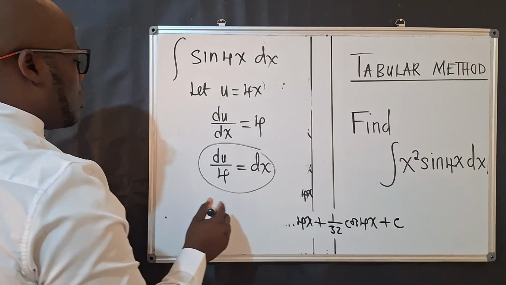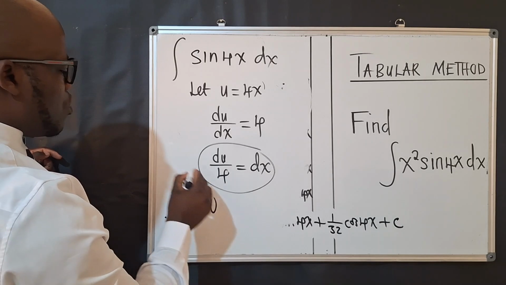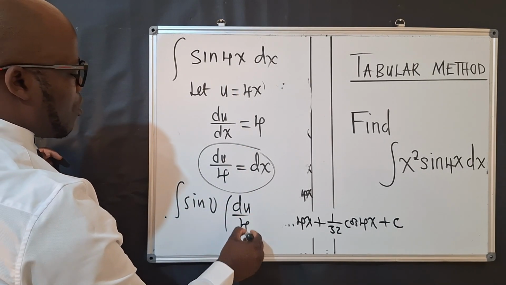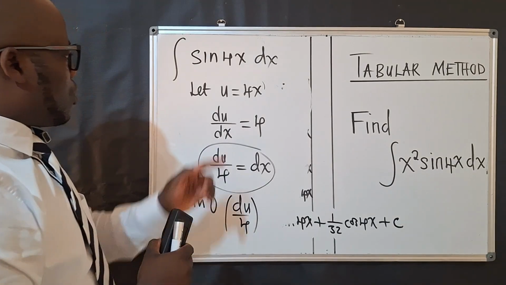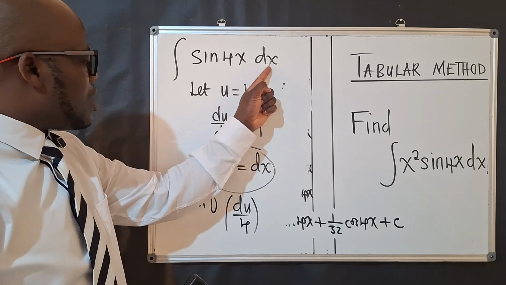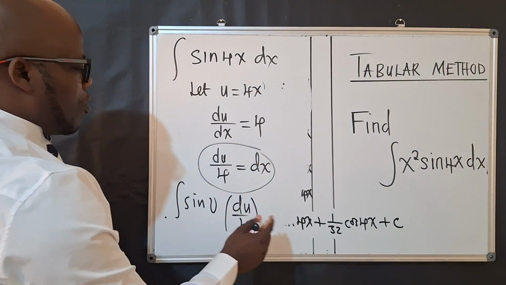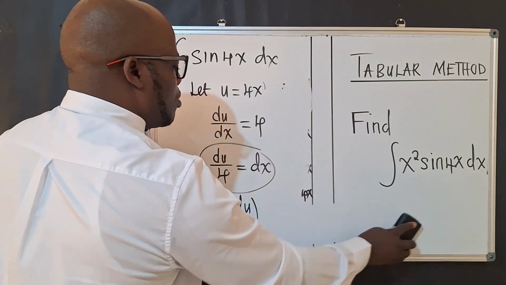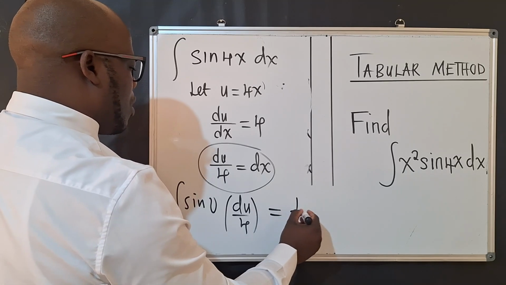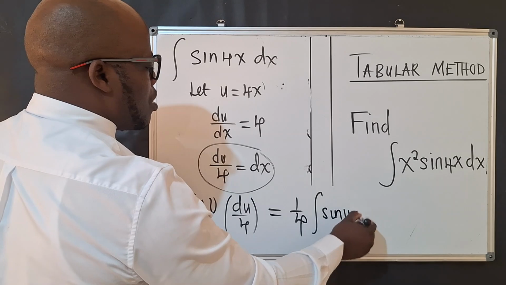Now from this stage, you're going to say the integral of sine u multiplied by du over 4. You see the way it is? Where there is 4x, I'm putting a u, and where there is dx, I'm putting du over 4. So of course, from this stage, you can say it equals 1 over 4, the constant, times the integral of sine u du.